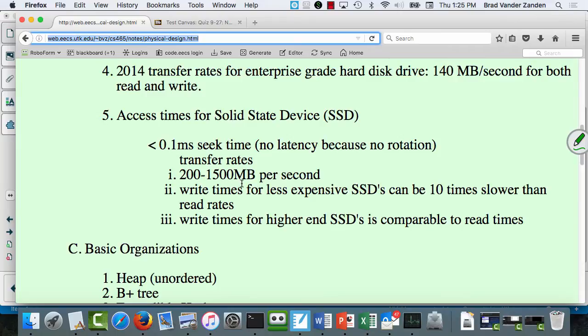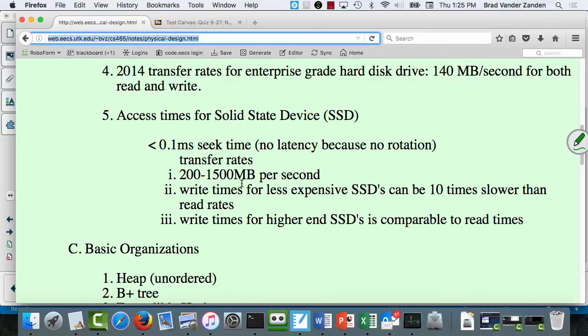On cheaper SSDs, like in your laptop, the writes are about 10 times slower than the read rates. Whereas for the higher end SSDs, the writes are comparable to the read times. But most of the time you're booting up applications or your operating system. That's why you love solid state memory.